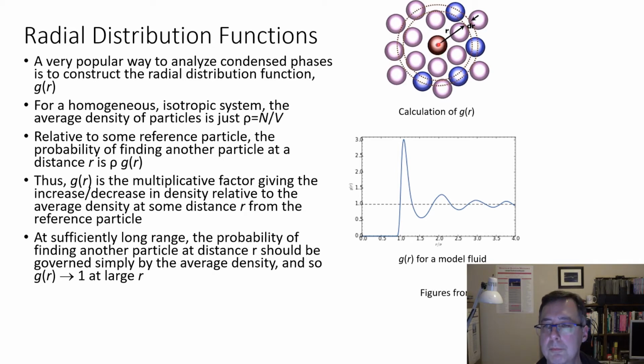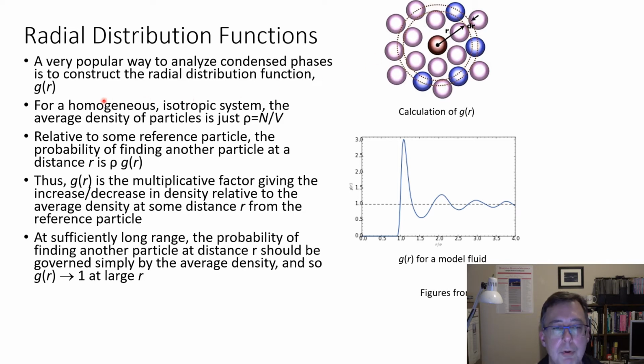And so I look at some distance r, and I say, well, what's the probability that I've got other atoms or other molecules at that particular location away from me? And so these are radial distribution functions, so I average over all the angular coordinates, and I'm just looking at different shells, radial shells, as I go out.